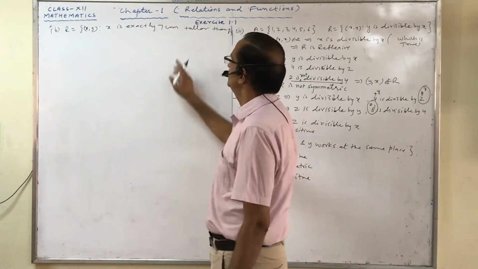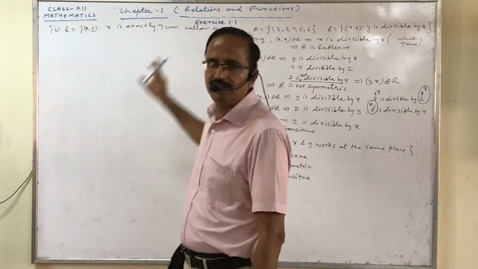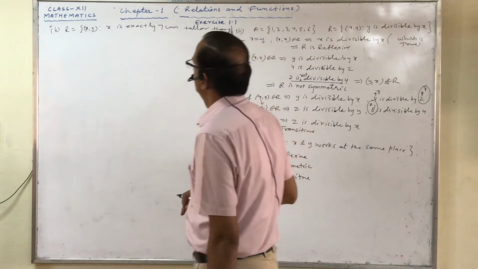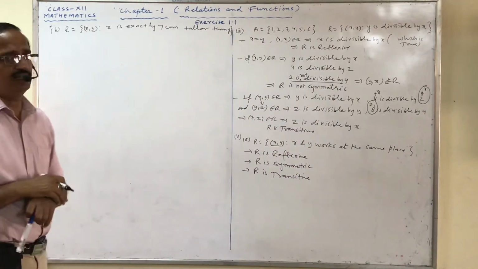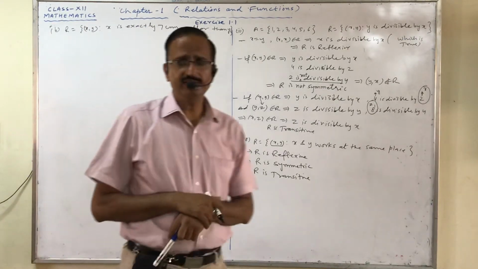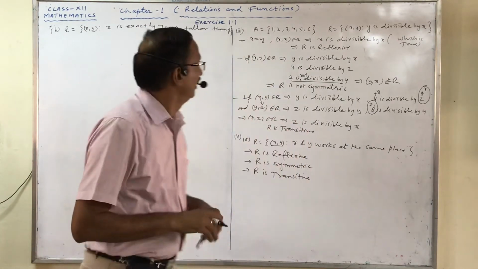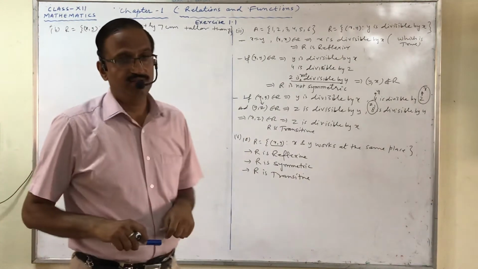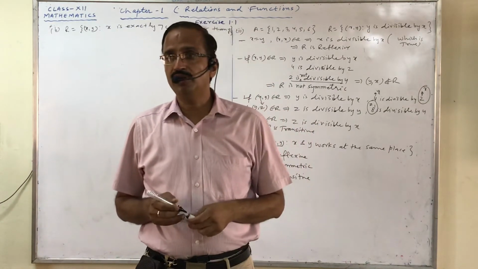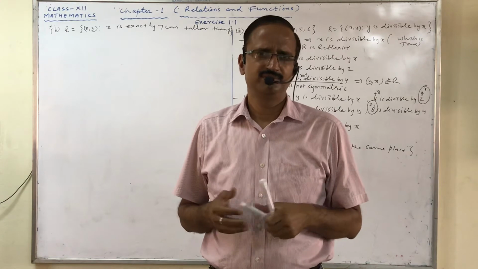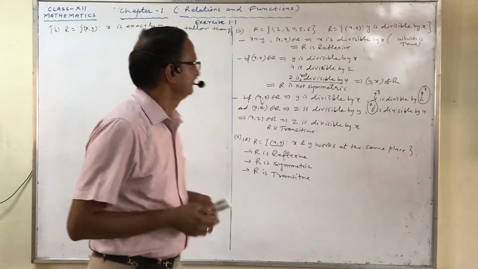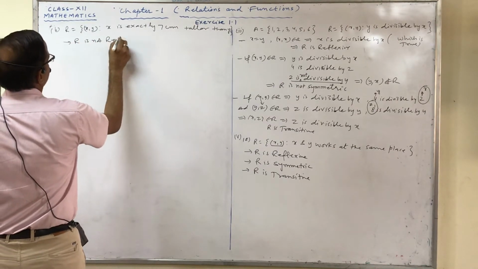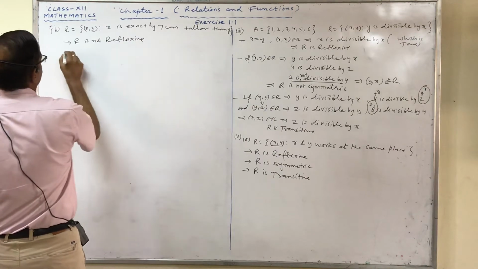Okay, this is the relation in B part. Now we will check whether it is reflexive or not. x is 7 cm taller than x. A person is taller than himself. Is it possible? No. So R is not reflexive.